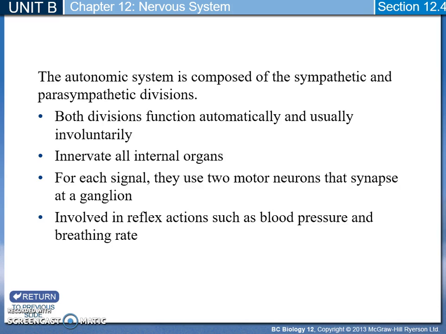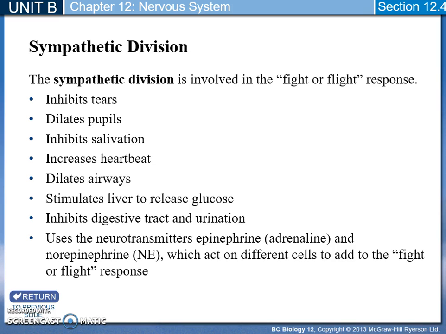And for each signal, they use two motor neurons that synapse at a ganglion. So they're involved in reflex actions such as blood pressure and breathing rate. The sympathetic and parasympathetic actually function opposite one another.